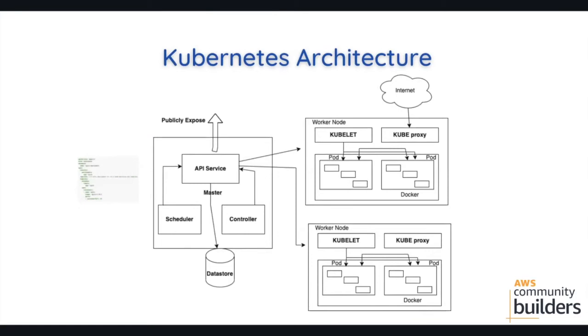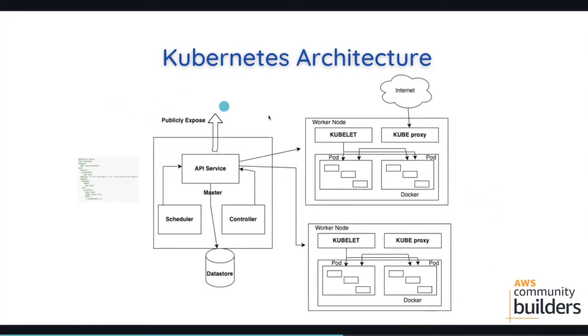Now this diagram talks about how exactly the communication from the internet and the communication from the deployment work in the Kubernetes architecture. Let's first focus on the left side of the diagram. We'll divide this diagram in two, the left side and the right side.